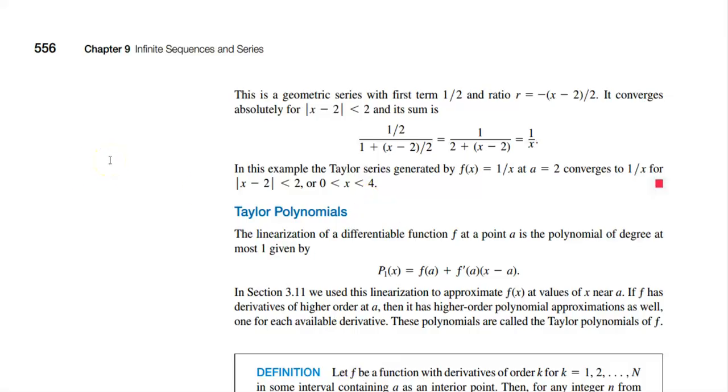This is a geometric series with a first term equal to 1/2 and a ratio r equal to negative x minus 2 over 2.